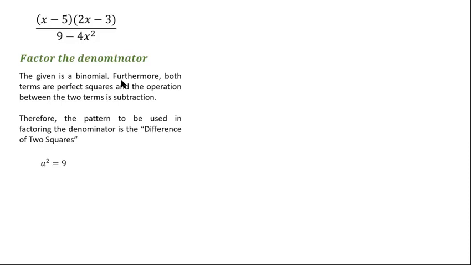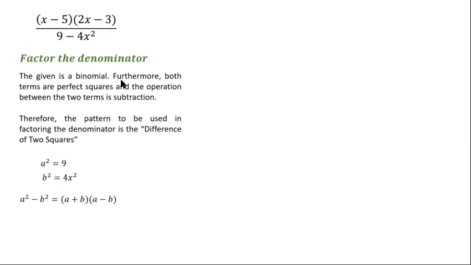For our a squared, the value is equal to 9. Our b squared, the value is equal to 4x squared. And then, as we all know, yung pattern natin in factoring difference of two squares is a squared minus b squared is equal to a plus b times a minus b. So yung a plus b times a minus b yung ating magiging final answer.